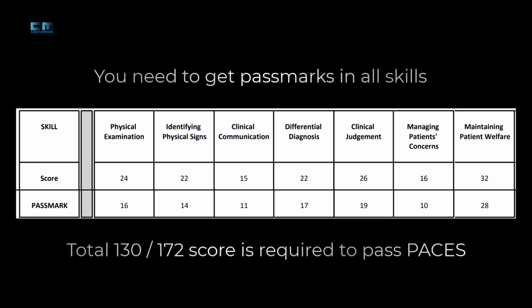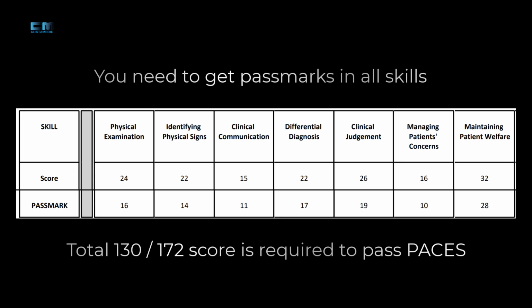Now you can see on the screen the minimum score requirement for every skill to pass PACES. For physical examination skills, you must get 16 out of 24. For identifying physical signs, you need 14 out of 22. For clinical communication, you need at least 11 out of 15.